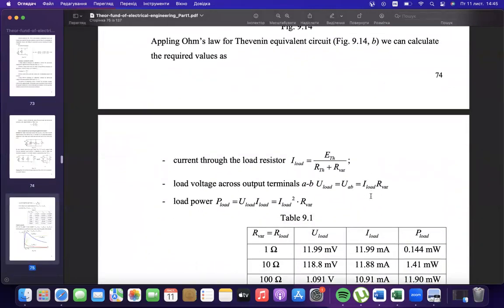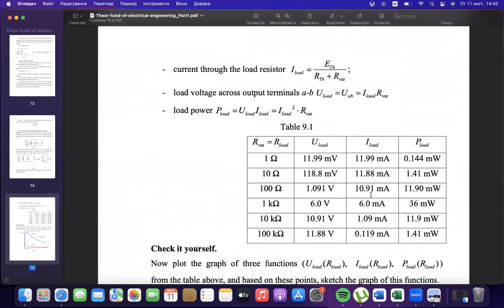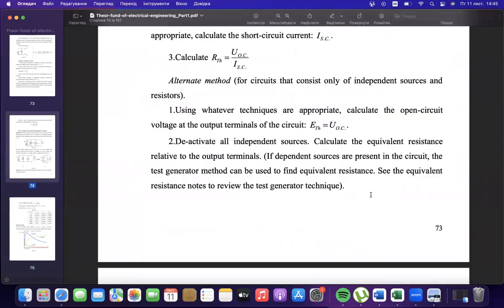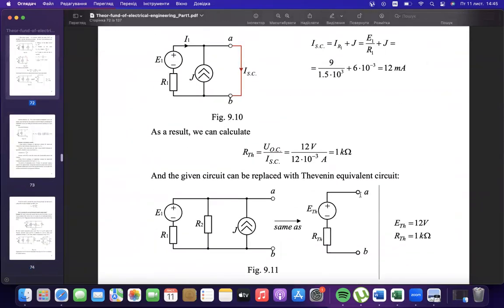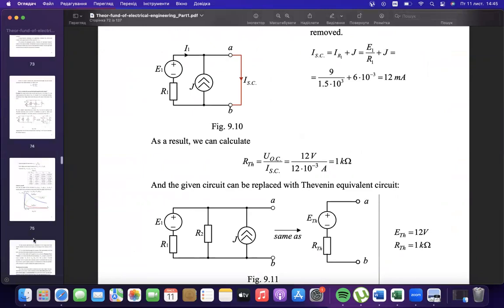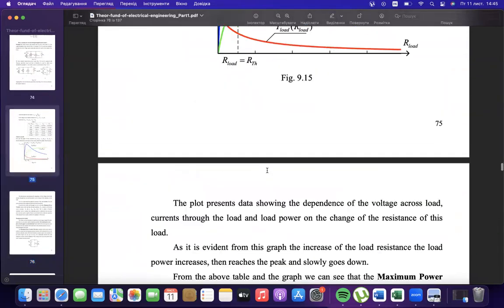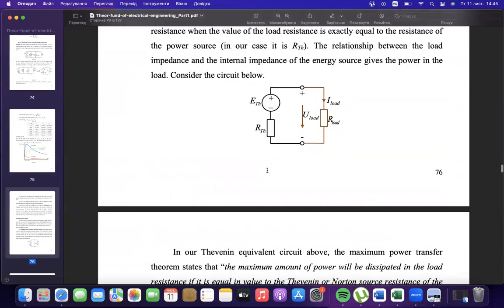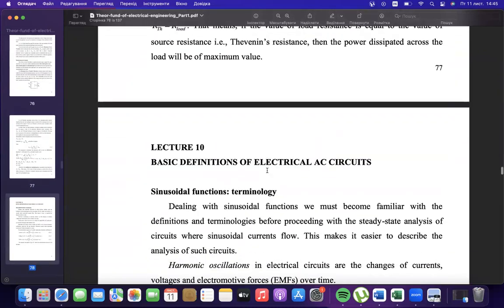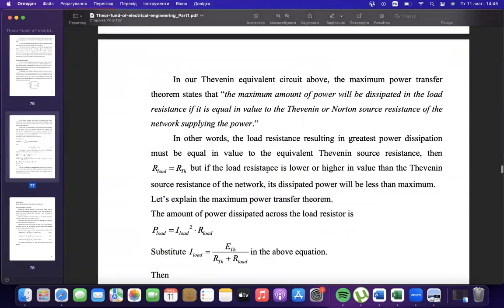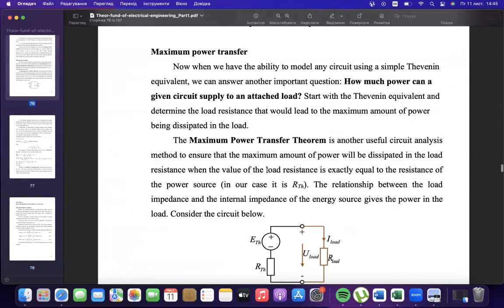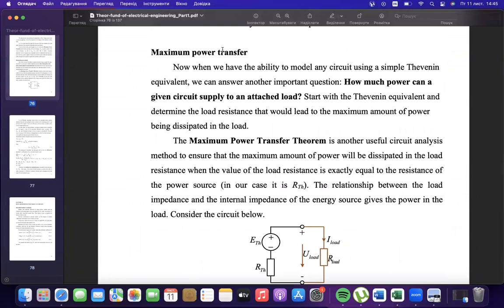Then, what we finished last time about, without a specific marker, was the power maximum.